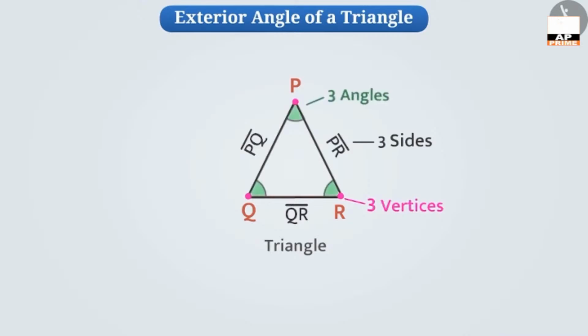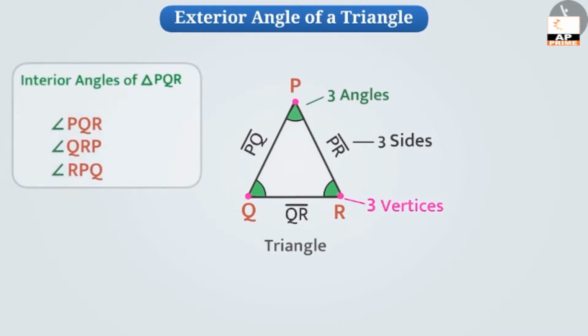And it has three angles, like triangle PQR has angles, angle PQR, angle QRP and angle RPQ. As you can see, all these angles are interior angles of triangle PQR.